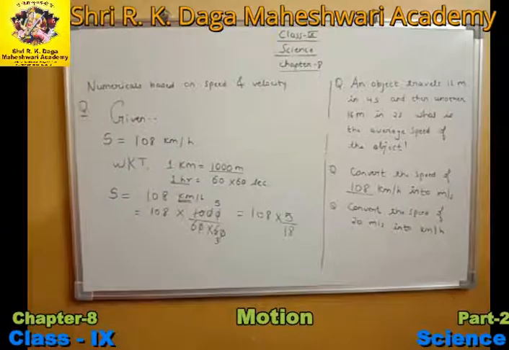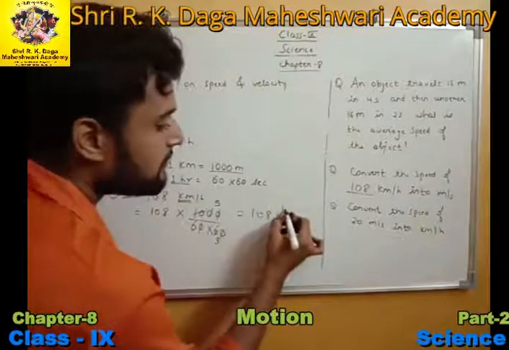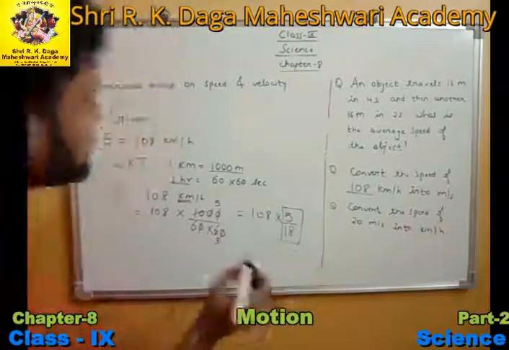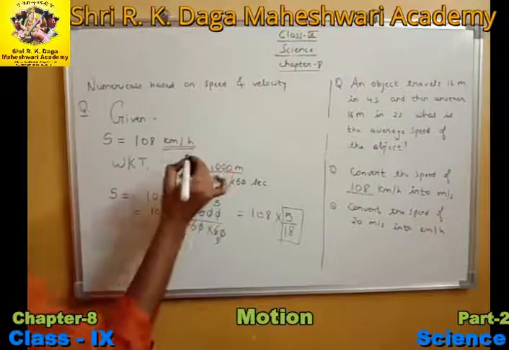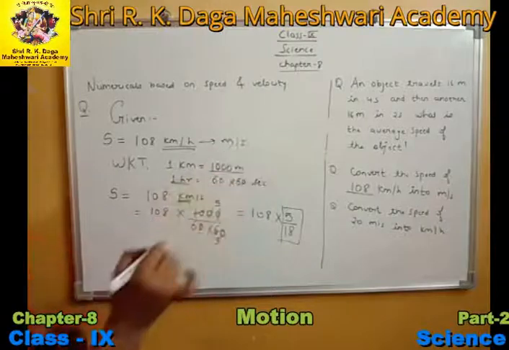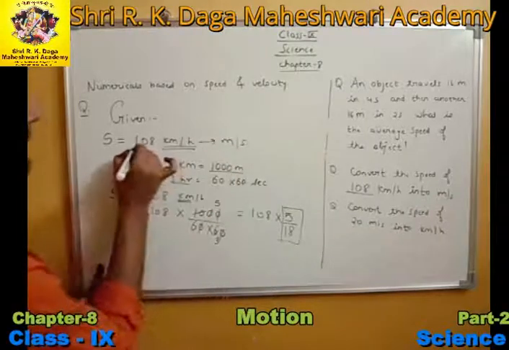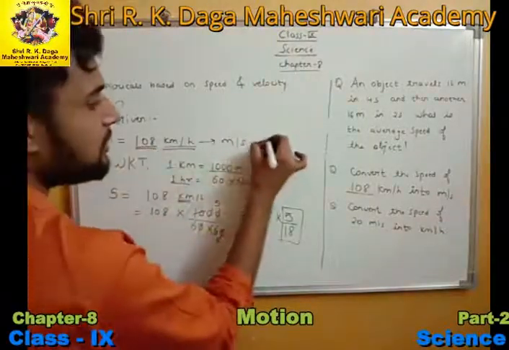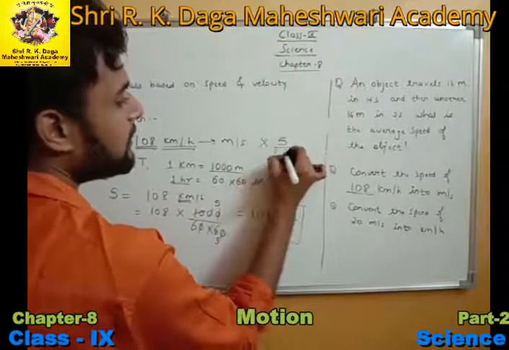So from here we can say that whenever we have to convert the speed of kilometer per hour into meter per second, then what do we have to do? We have to multiply the given speed with 5 by 18.